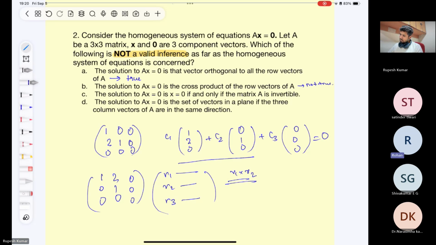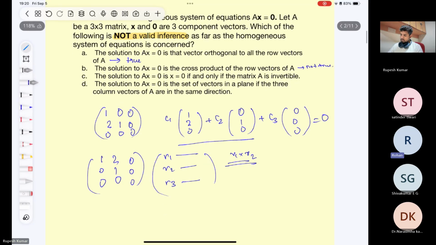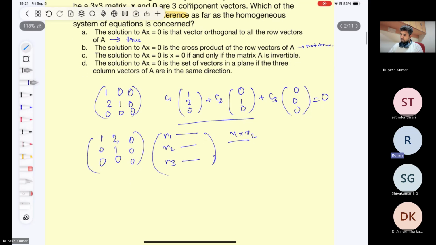So while we multiply A with X, isn't it the dot product of R1 with R1 cross R2, this kind of situation? Right. But there's a glitch. I haven't thought about what if R3 is linearly independent.